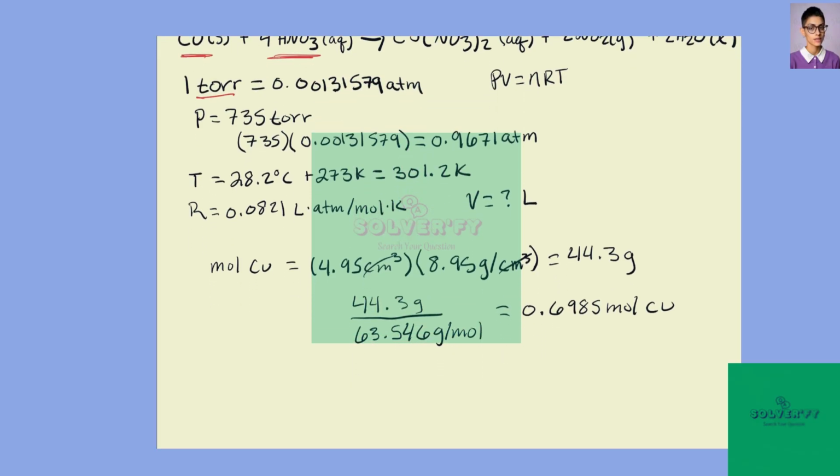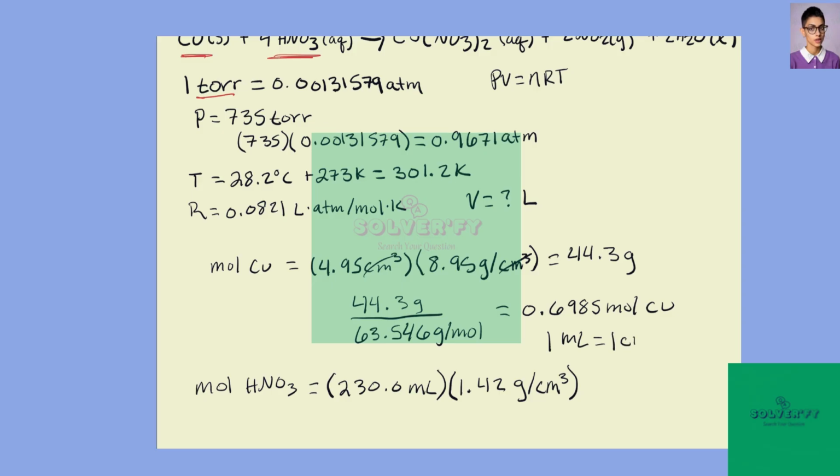Alright, and then now we need to figure out our moles of HNO3. They give us our volume as 230.0 milliliters. They also give us the density for HNO3, and it is 1.42 grams per centimeter cubed. Just to note, 1 milliliter is equal to 1 centimeter cubed.